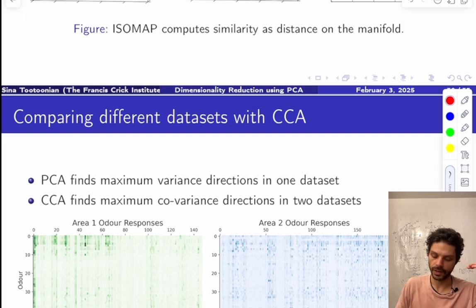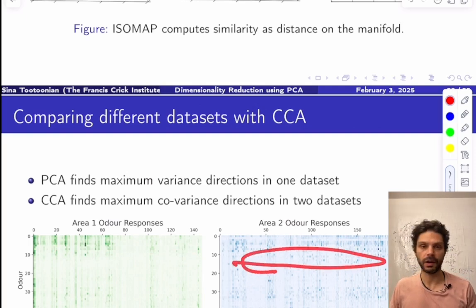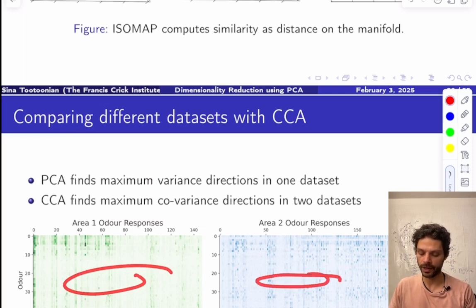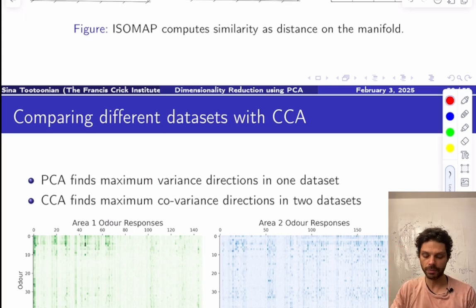For example, here's this odor response data set we've been playing with so far. And here's a response in another area, the output of the structure we're interested in. Here's the input and here's the output. They have different numbers of neurons, they're just different structures, so we can't compare the neurons.